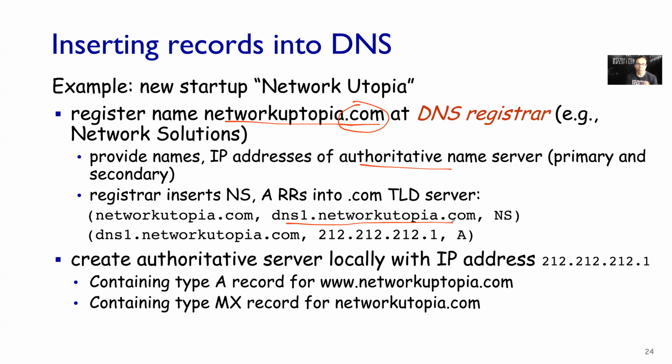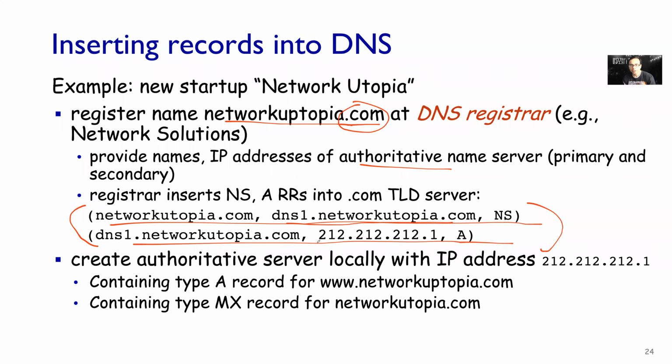And in that software, what you need to do is then tell the .com TLD that, hey, please insert these two records, right? So this is my name server, basically, that's what you're saying. And this is the IP address for my name server. So if someone comes looking for networkutopia.com, please send them these two pieces of information. So then they know who to ask, right?